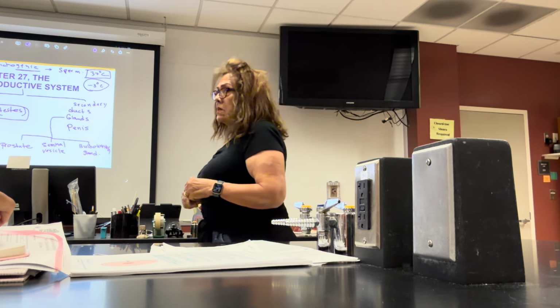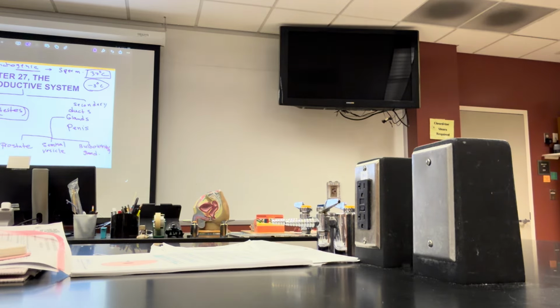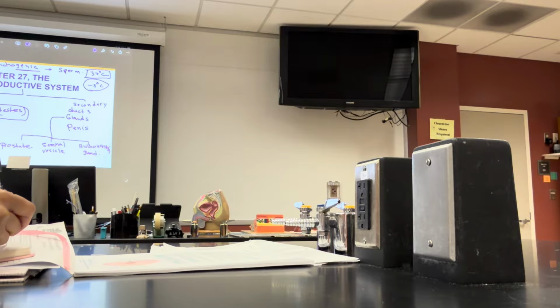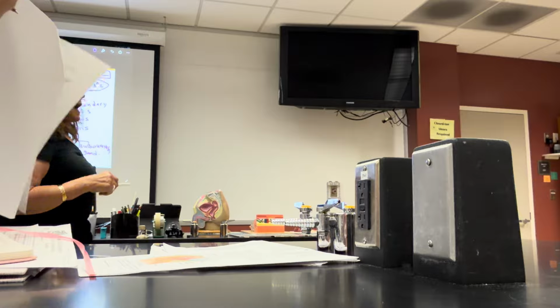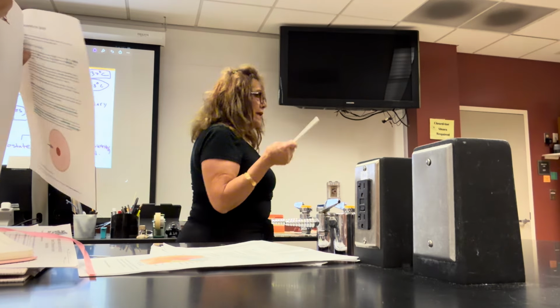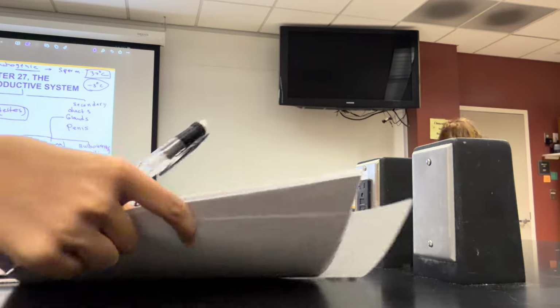And then we have the external genitalia, whose function is basically to excrete the urine because the urethra is there, and it's also the erectile organ in the male. We're going to very briefly discuss it.